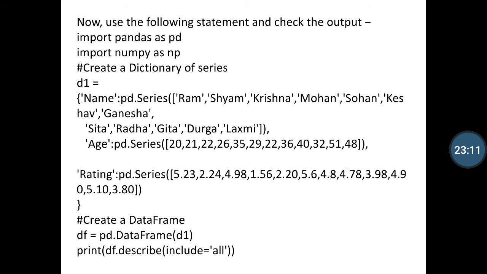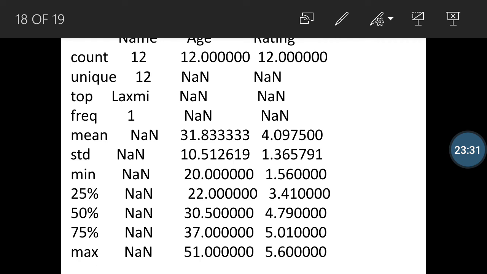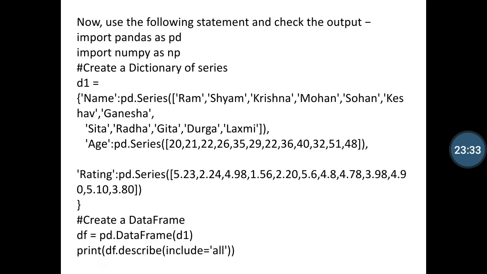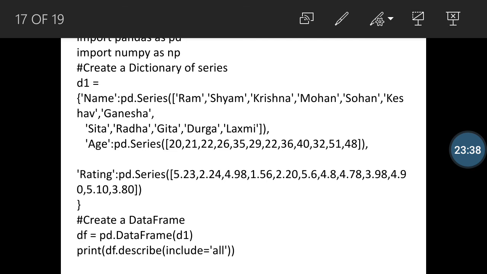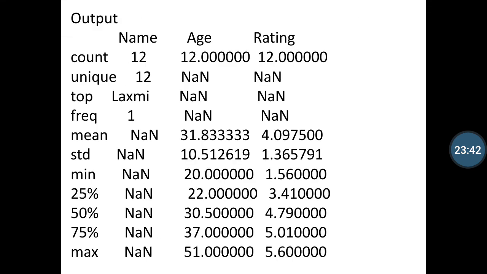So first of all, I define print and then open bracket and then call the data frame and then put dot, and after dot I select describe, and then after describe I call the include method, and then I define all values in the string, and after that I run the program.